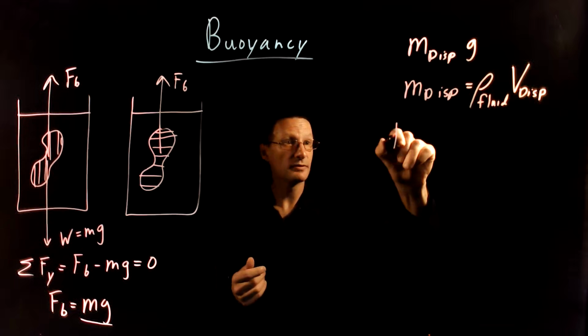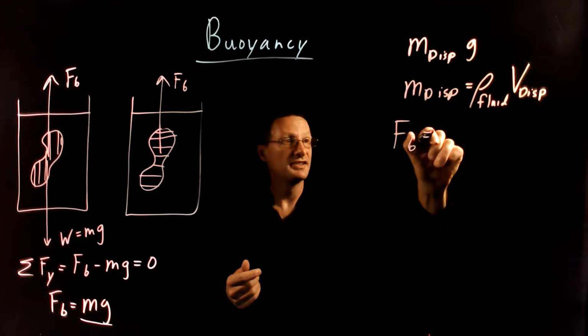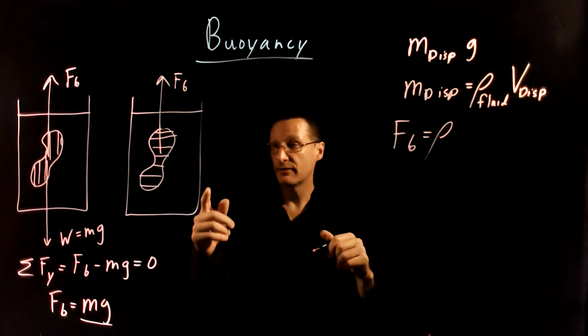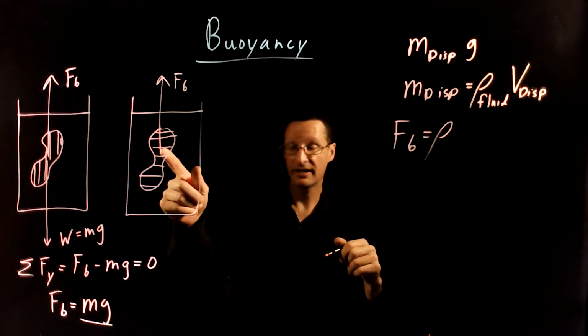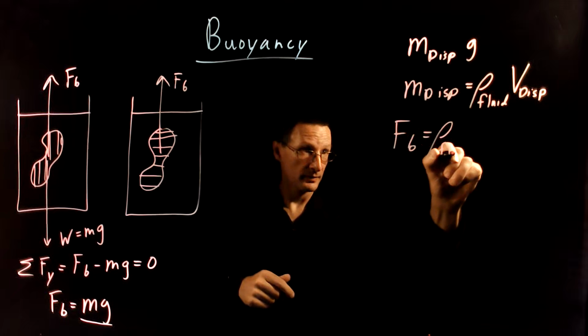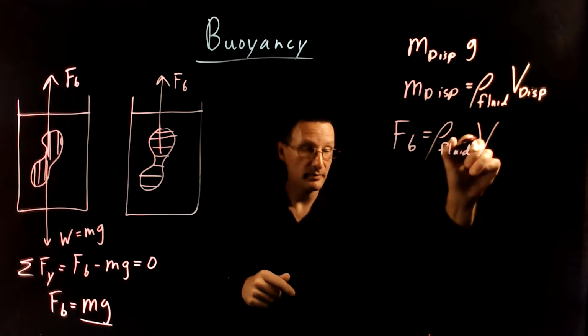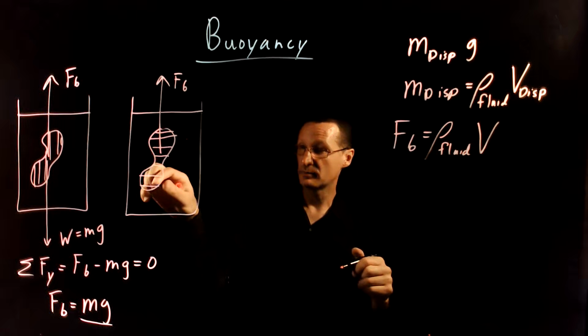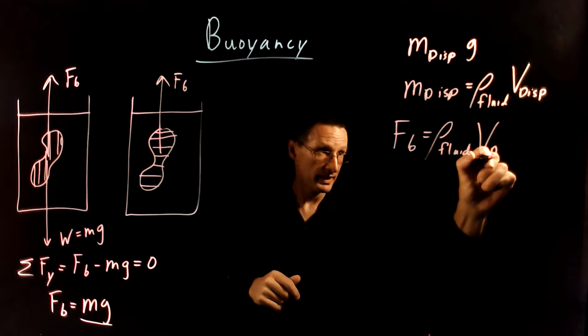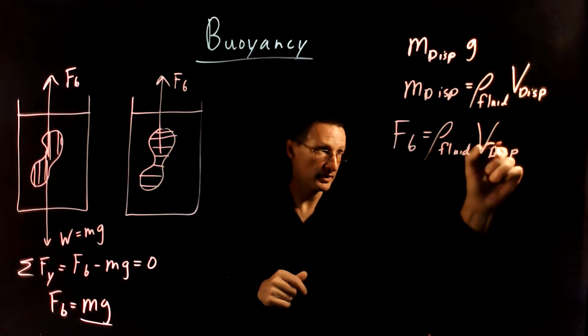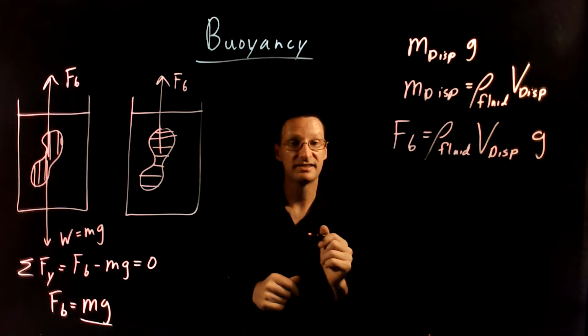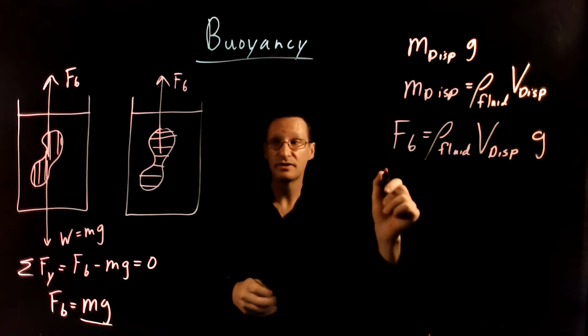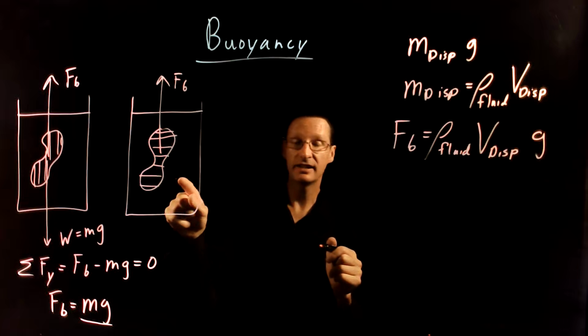And so then I can write the buoyant force as just the density of the fluid, and that's this fluid here, not the object itself, times the volume that had to get out of the way. That's the volume of the fluid that had to move. We're going to call that the displaced volume, times our gravitational constant g. Okay, and this is true no matter what you have in here.